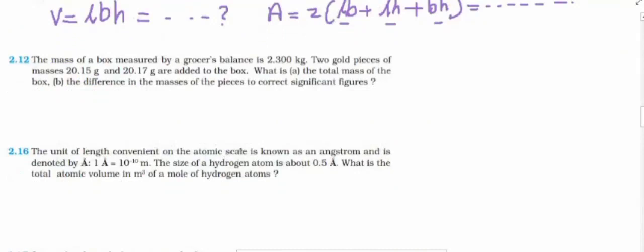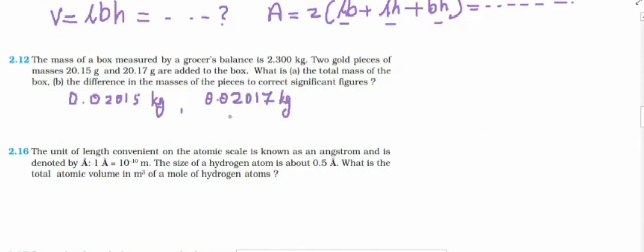Now, question 12. The mass of a box measured by a balance is 2.300 kilogram. Two gold pieces of masses 20.15 gram and 20.17 gram are added to the box. What is the total mass? So what you have to do first, you have to convert these two: 0.02015 kilogram, and the second one is 0.02017 kilogram.